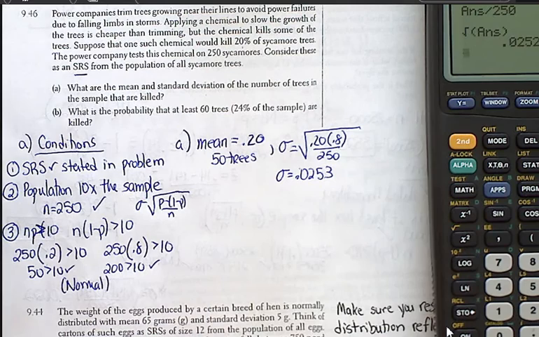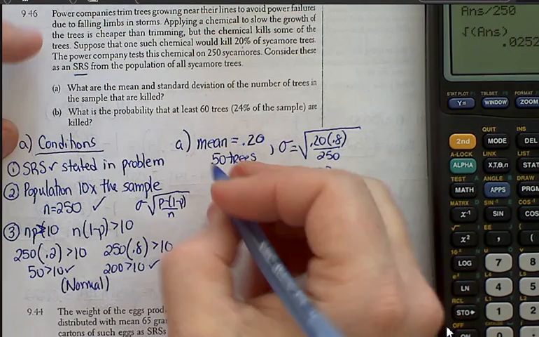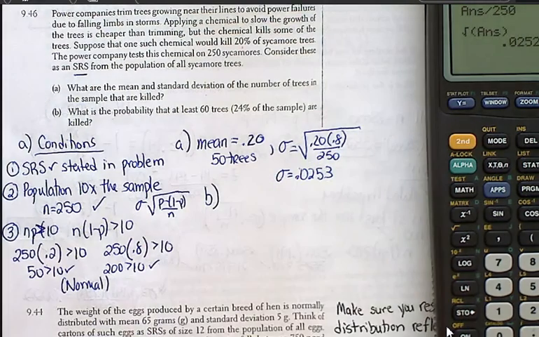Now we're asked a question in B: what is the probability that at least 60 trees, or 24% of the samples, are killed?